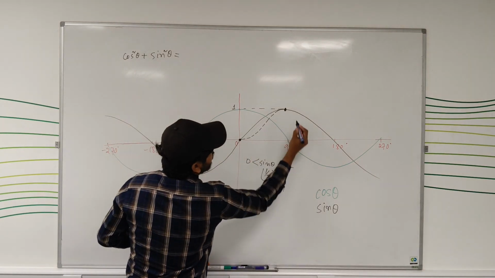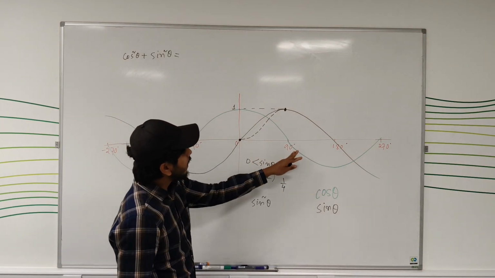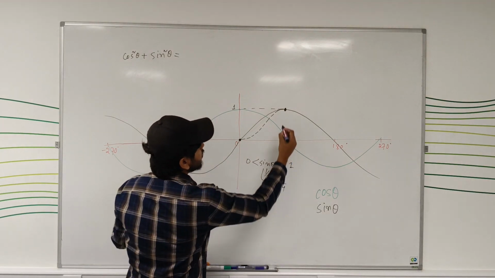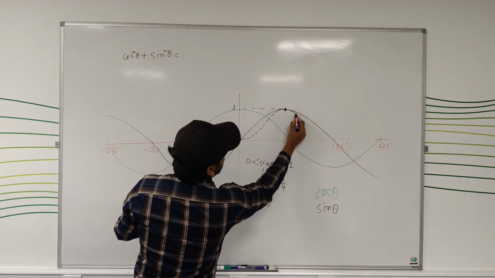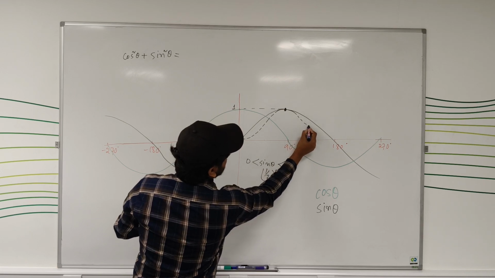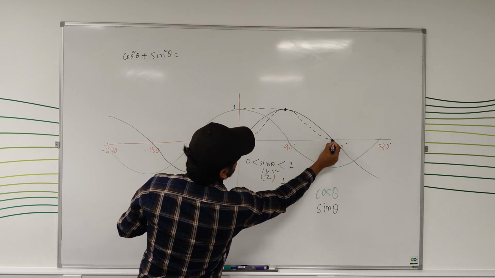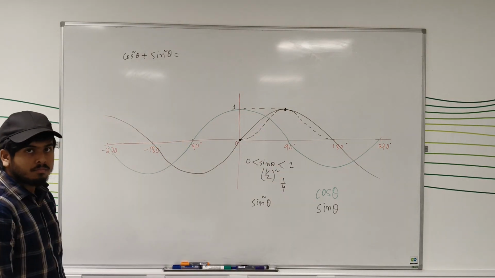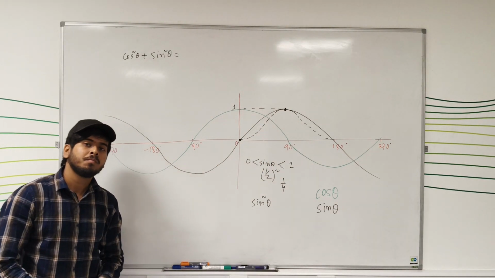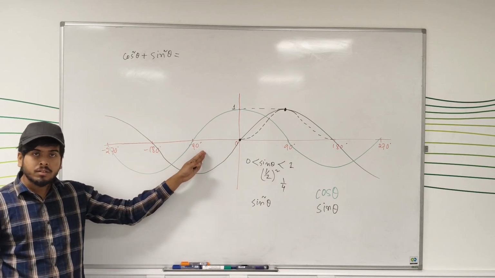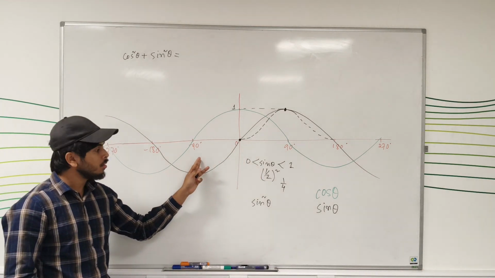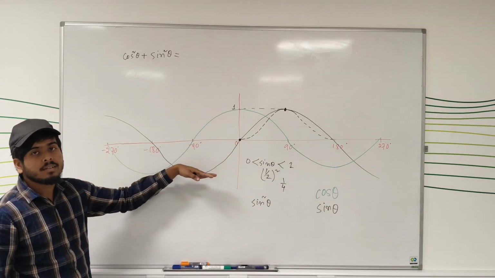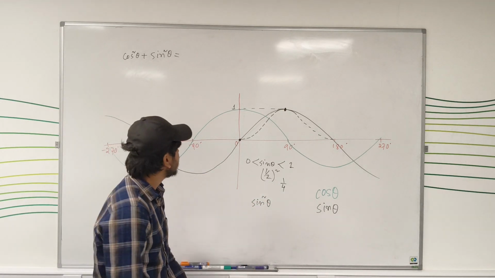Then again, from 90 to 180, you will have sine theta less than 1 and greater than 0. So if you square it, you should get something less. You should get something like a hill or a bump. Right? What happens if theta is negative? If theta is negative, my sine theta is negative. But the moment we square it, it becomes positive. So we cannot have a negative value for sine square theta for obvious reasons.